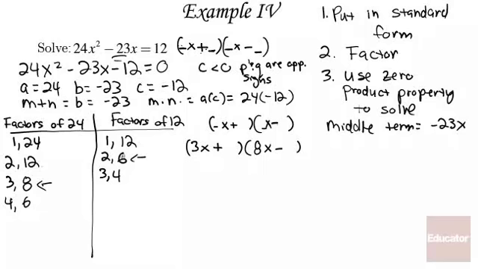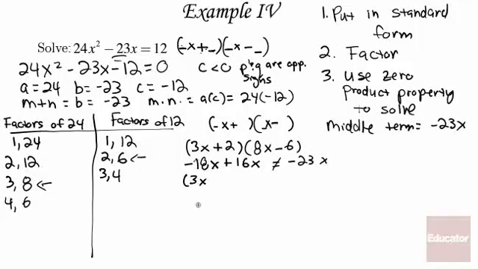So I'm going to try 2 and 6. Now, check the middle term. This is 24x, the outer term, negative 18x, and the inner term, plus 16x. That does not equal negative 23x. So that is not the correct combination.